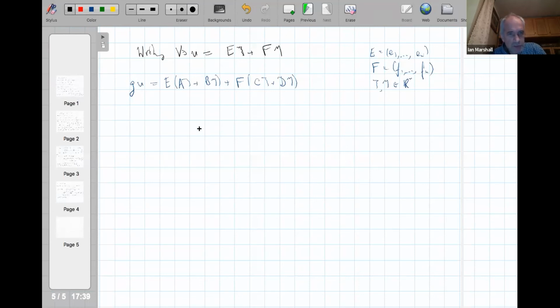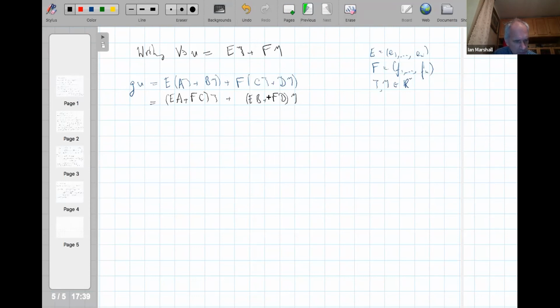And that is equal to E(A xi plus B eta) plus F(C xi plus D eta). So I can either think of it acting on the change of basis, this represents a change of basis formula, or acting on the components in a fixed basis. But I like to think of it as a change of basis formula.